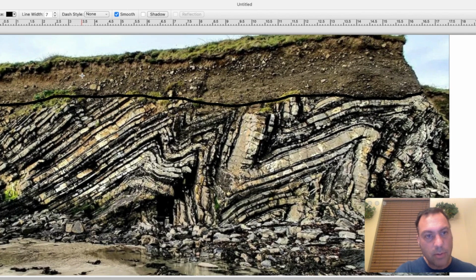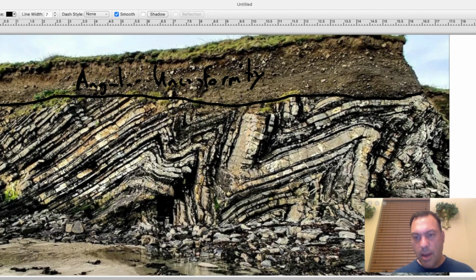We'll just mention that right now. All right, so there's our angular unconformity, and we're going to be focusing on the rocks below the angular unconformity.